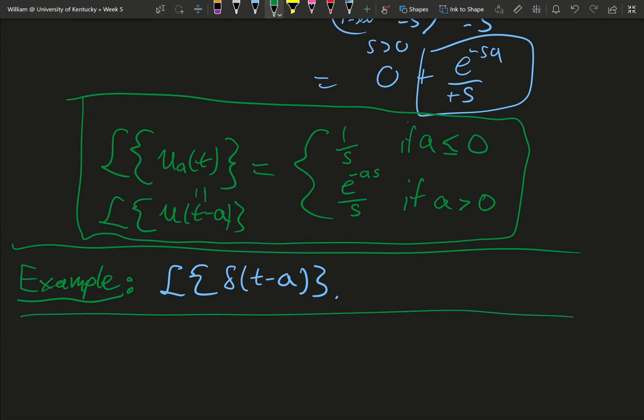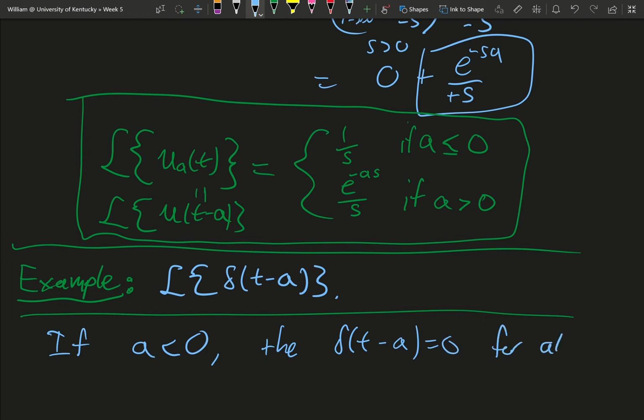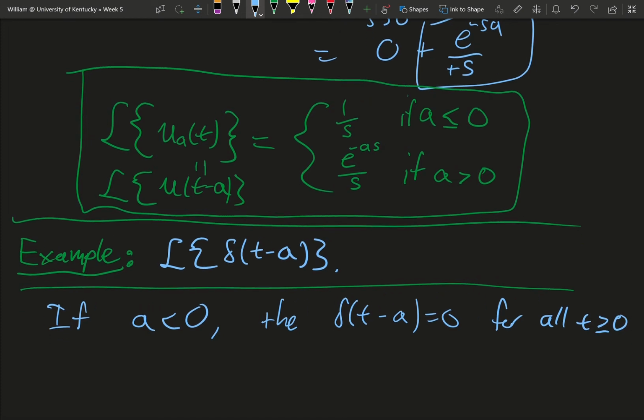And again, we want to note if a is, we'll use strictly less than 0 this time, then we can just say that phi of t is equal to 0 for all positive t, or really non-negative.